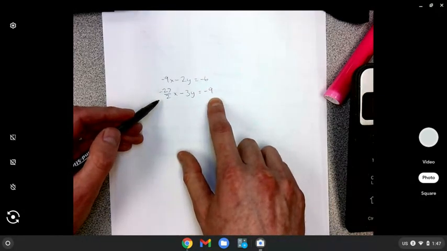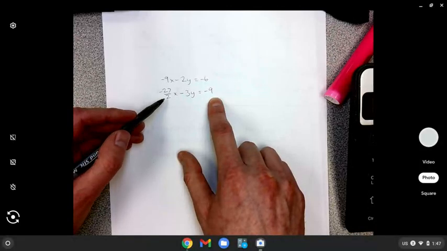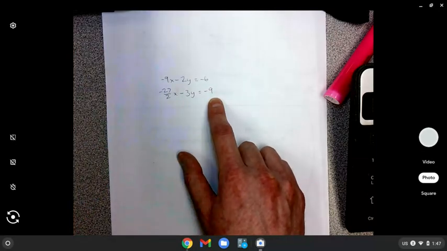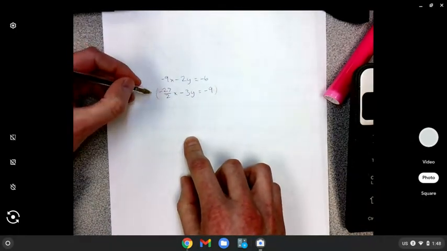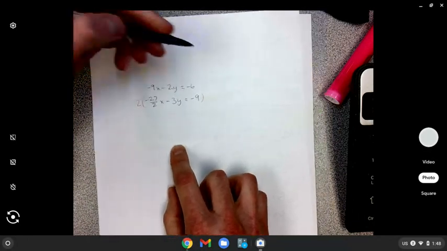I want one of these variables to eliminate from each other. I'm going to be honest, the fraction is one extra piece that I don't really want to deal with. So what I'm going to do first is eliminate the fraction. I'm going to multiply everything in the second row times 2.